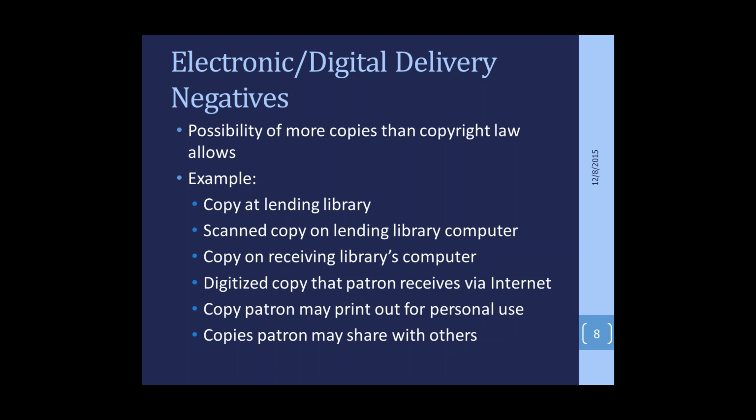So what you have is the copy at the lending library. Let's say it's a print item, an article out of a very obscure journal that's very expensive and only a few libraries purchase it. So you've got the copy in the journal, in print. Then you've got the scanned copy that the lending library has on their computer because they've scanned it so they can get it to you. Then you've got the copy on the library computer of the receiving library. Then you might have the copy that the patron receives via the internet.